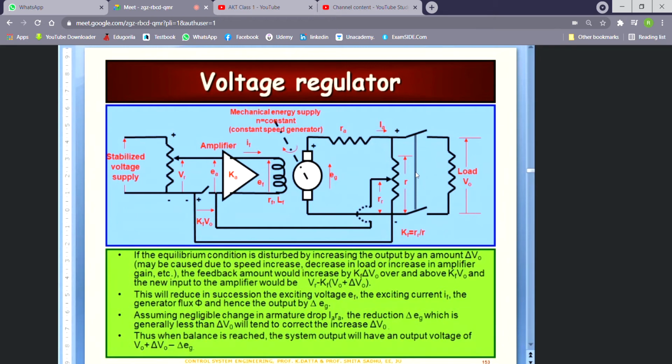So today, what we are going to do is another application, that is the voltage regulator. It is a control system which is automatic in nature, and we will study its function in a moment.